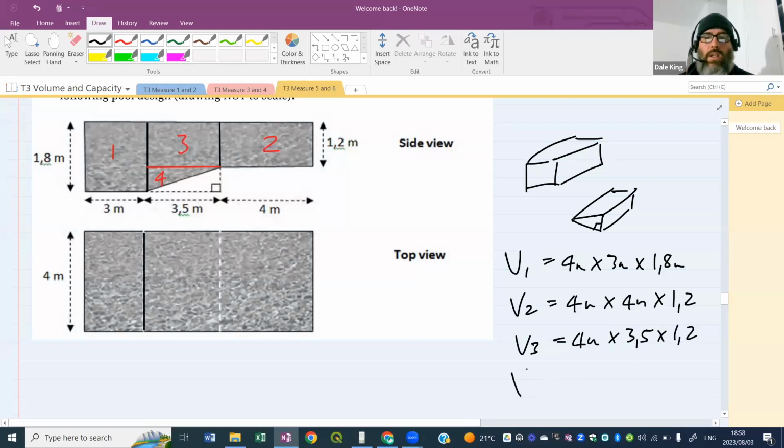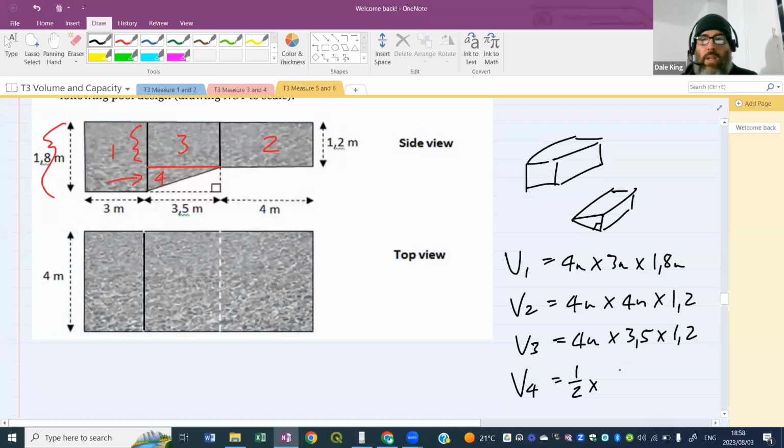The last one is a triangular prism, which means we need half times the base of this triangle. My apologies, it's this little piece here, which is 1,8 minus 1,2. This top piece here is 1,2, and this big one is 1,8, so it's 1,8 minus 1,2.